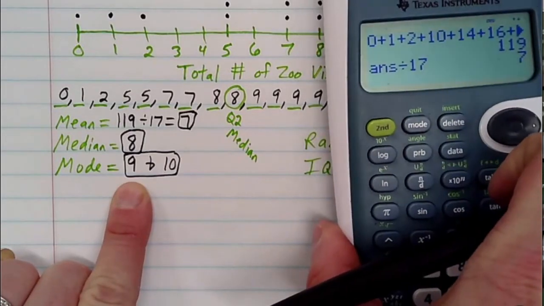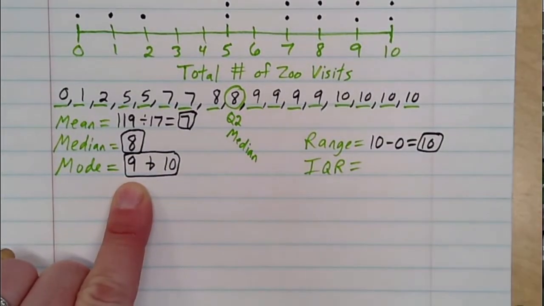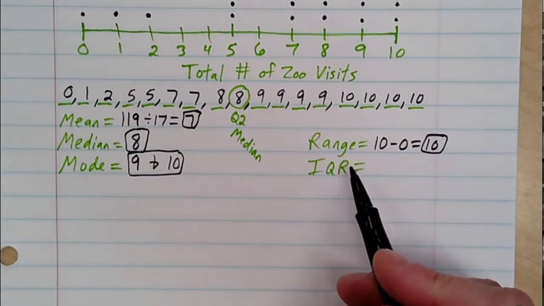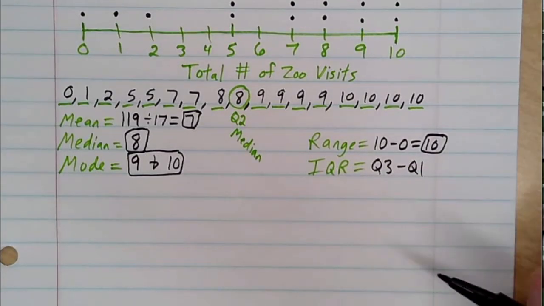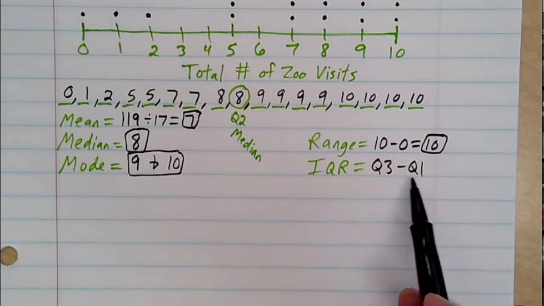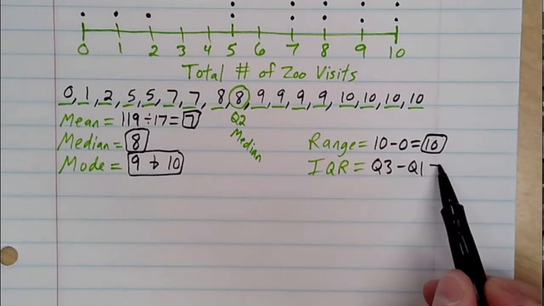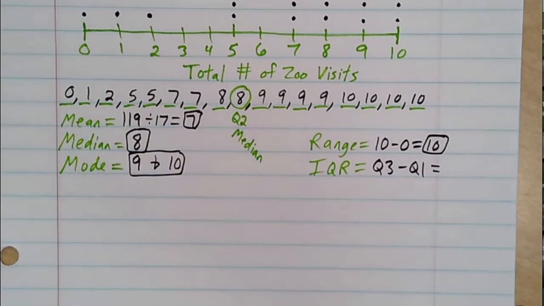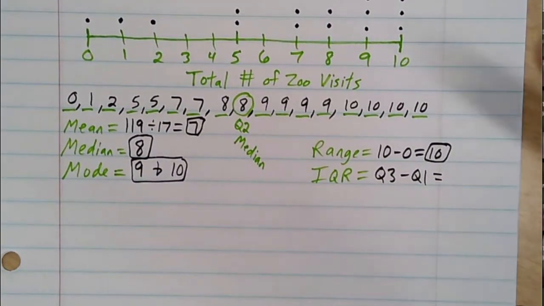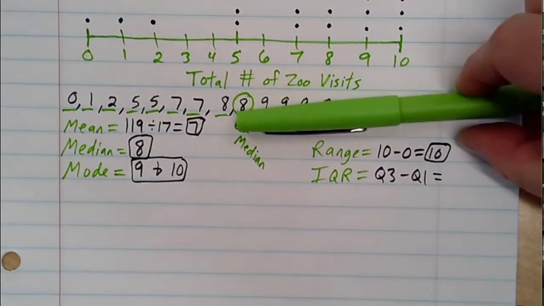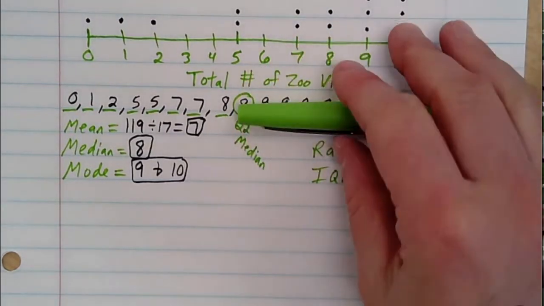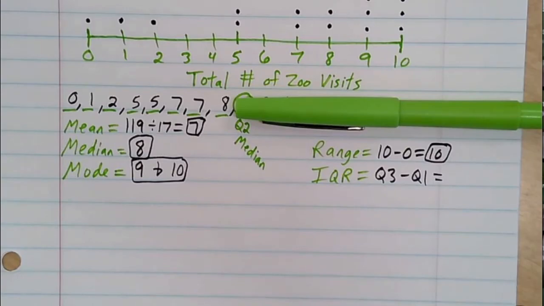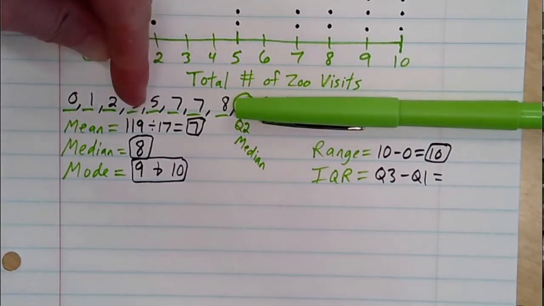And then in order to find our interquartile range, remember you have to find Q3 and subtract Q1. So you can't find Q3 and Q1 yet until you find Q2, which we already did, the median. If you remember with the median, we kind of cover up the top numbers. I'm going to put my marker here covering up the top numbers. If we cover up the top numbers here, then we have to split the bottom numbers in half and find the middle over here.